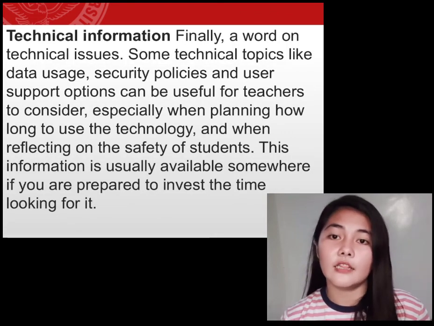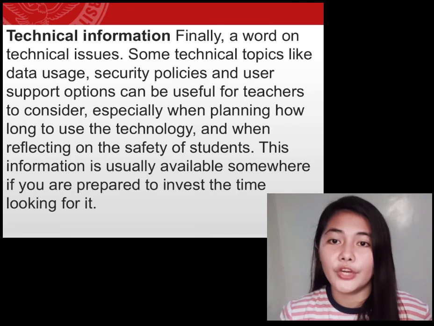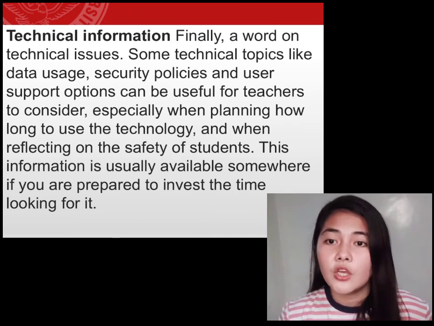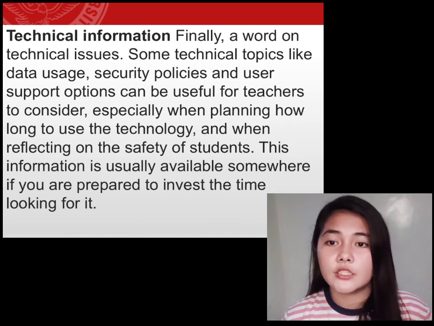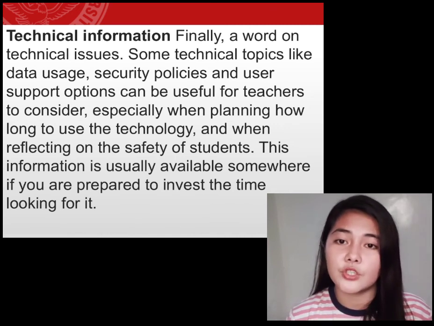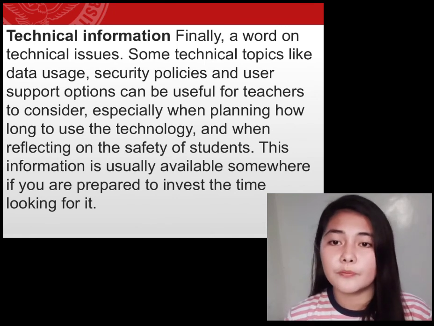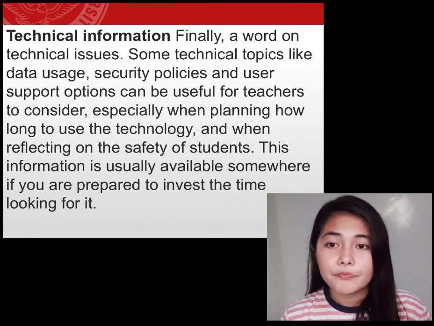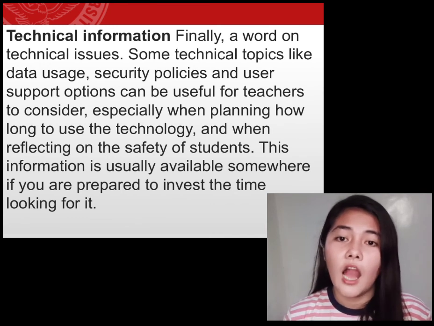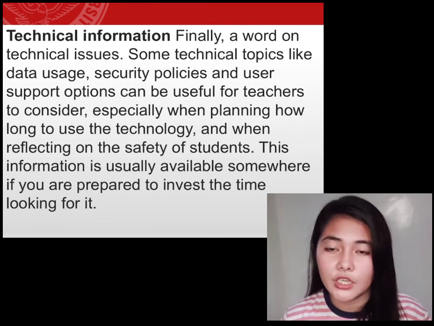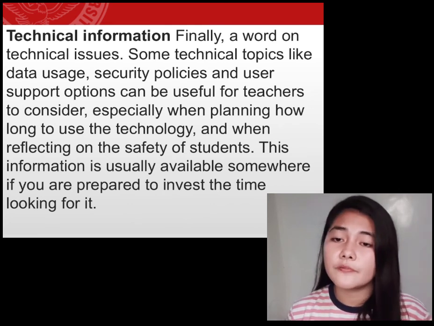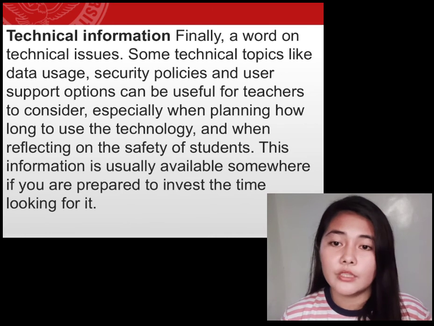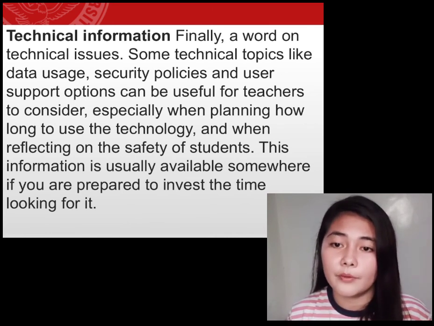Last, we have the technical information. Finally, a word on technical issues. Some technical topics like data usage, security policies, and user support options can be useful for teachers to consider, especially when planning how long to use the technology and when reflecting on the safety of the students. This information is usually available somewhere if you are prepared to invest the time looking for it.